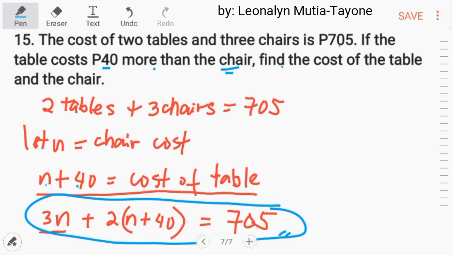So, first, 3 chairs. Tatlong N. So, that is 3N. Plus, dalawang table. Kasi N plus 40, that is cost of a table. Dalawang table. So, 2 times N plus 40. And this equals 705.